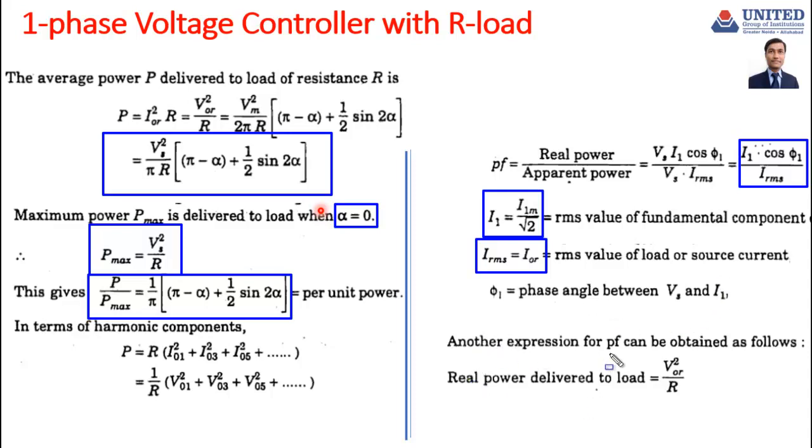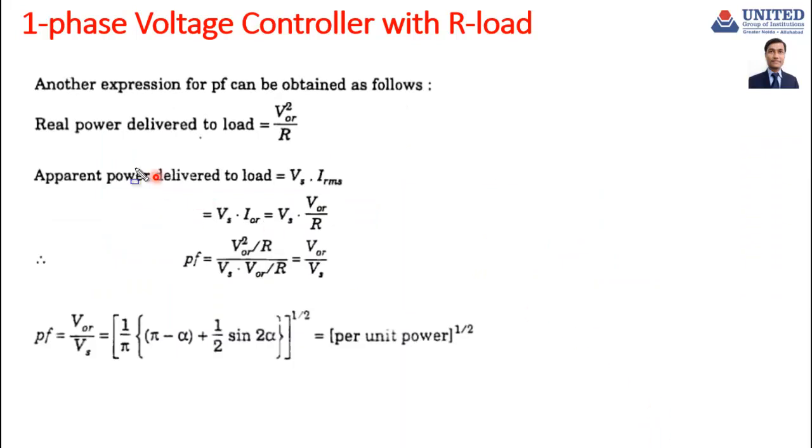Another expression for power factor can also be obtained as follows. Real power delivered to the load is equal to Vo squared by R. Apparent power delivered to the load is equal to Vs times I RMS. Therefore, power factor will be equal to (Vo squared by R) upon (Vs times Vo RMS by R).